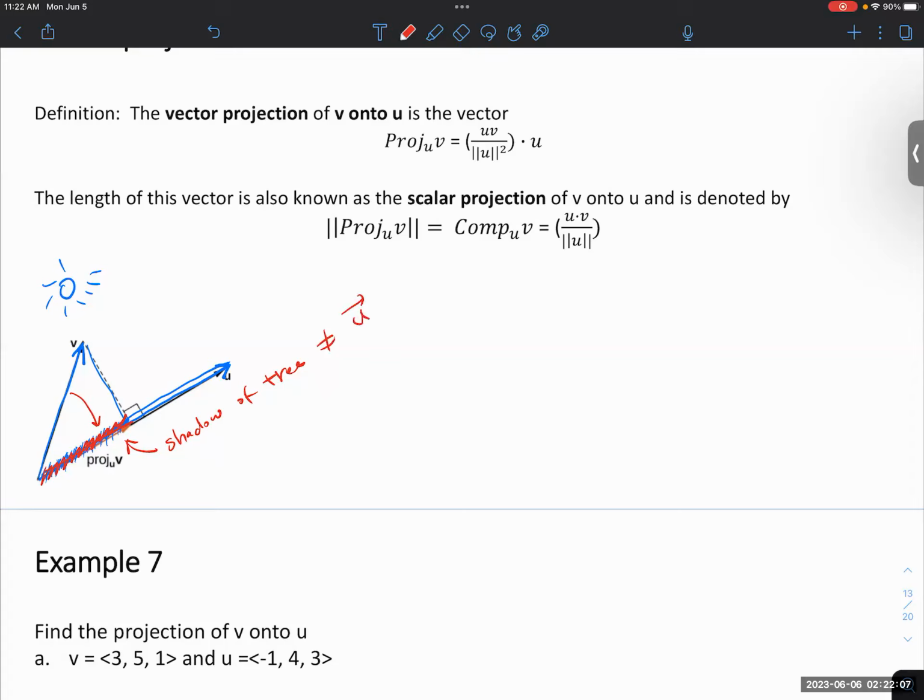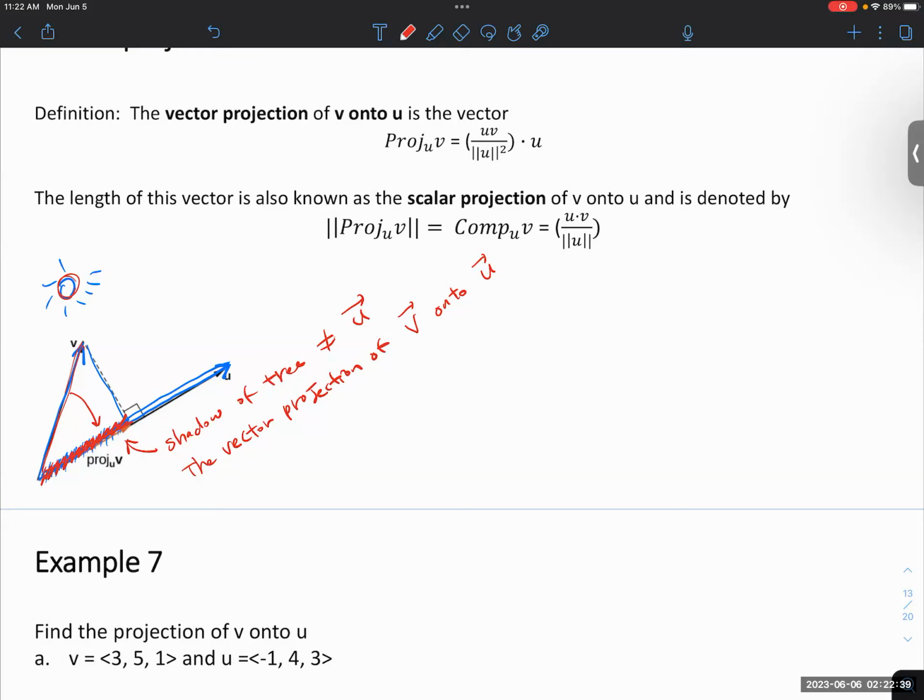So we read this one, the vector projection of v. The v vector is kind of like a mirroring onto the sunshine, and then the shadow is going to be created here. So the vector projection of v onto where? U vector. So that's how you read it, the shadow of the tree. But anyway, let's keep talking about it.